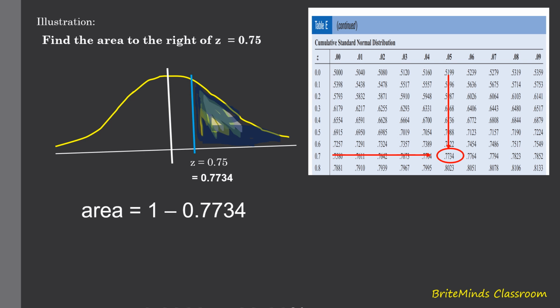So our area is 0.2266 or 22.66%. So our shaded area is 22.66%.